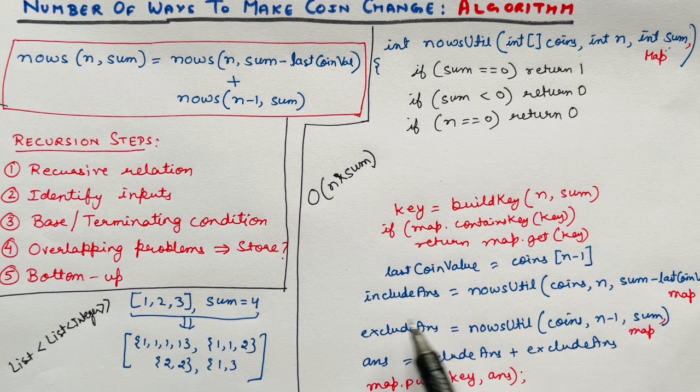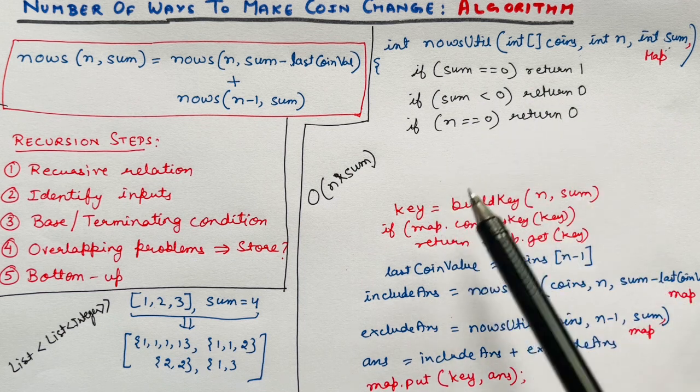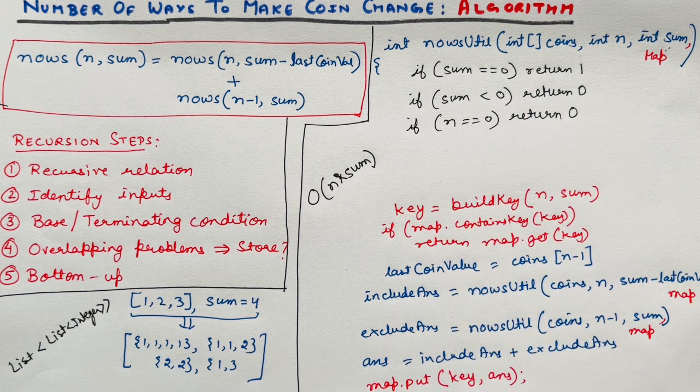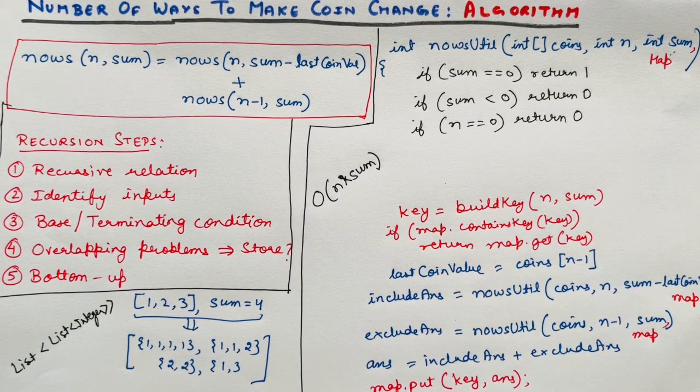So if we add these two lists, it will become our final answer. So in that way, we can also return the list of ways through which we can make the coin change. And obviously, we will have to modify the base conditions as well. So this is how we can solve this extension problem as well.